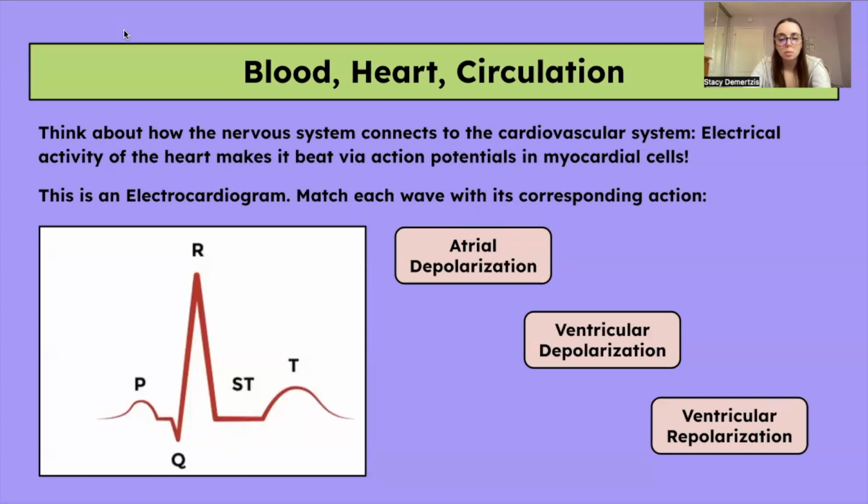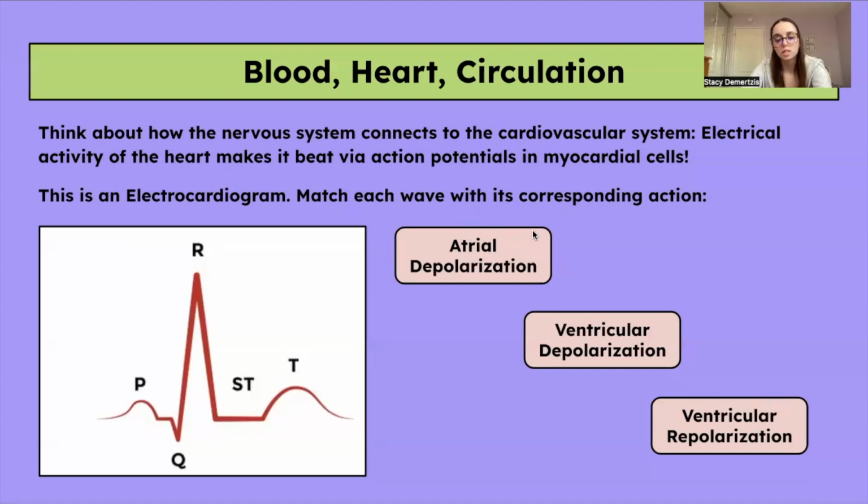which process matches what? So we can start with atrial depolarization. Where would we find atrial depolarization? Or what in this PQRST, this electrical activity of the heart, what part of this diagram is going to represent atrial depolarization? Yeah, the P wave. And then what about ventricular depolarization? The QRS complex, yep.